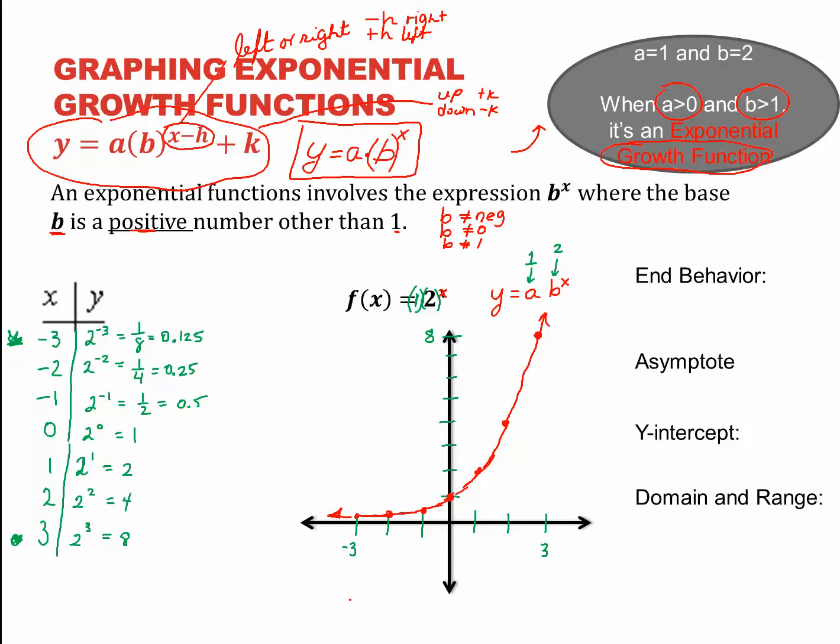So now let's look at some of the features from our growth exponential function. What is the end behavior? As x goes to positive infinity, as x gets bigger and bigger, you see how the function is going up? That means the function is approaching positive infinity. As x becomes negative, it looks like the function is approaching this value.